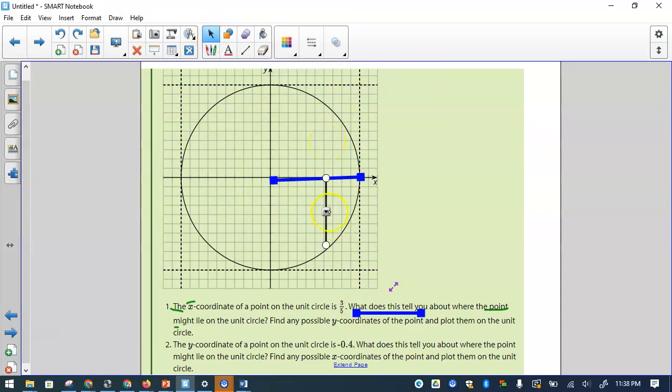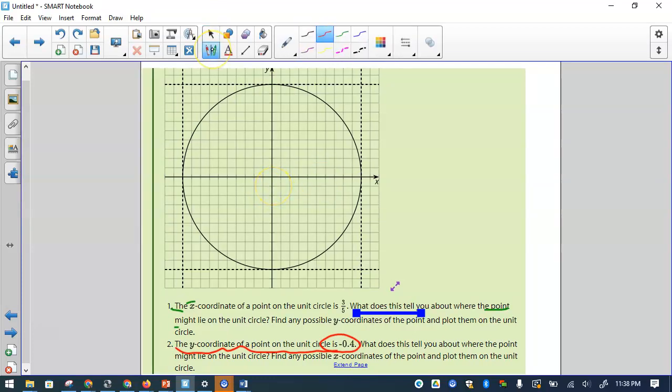So let me take this off, and the next question, this time they give you the y coordinate of a point on the unit circle as minus 0.4. So where is minus 0.4? Minus 0.4 will be 1, 2, 3, and 4. That's the point.